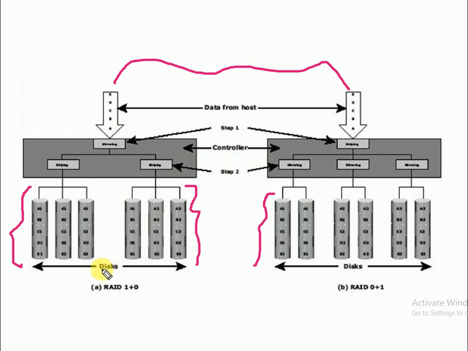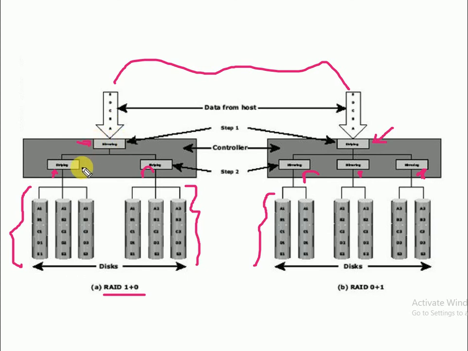So in the first case it will do mirroring and in the second case striping, or in the first case striping and in the second level mirroring. You can see here it is mirroring, and for each mirror it will do striping, and here initially it does striping and then mirroring on each set of disk drives.